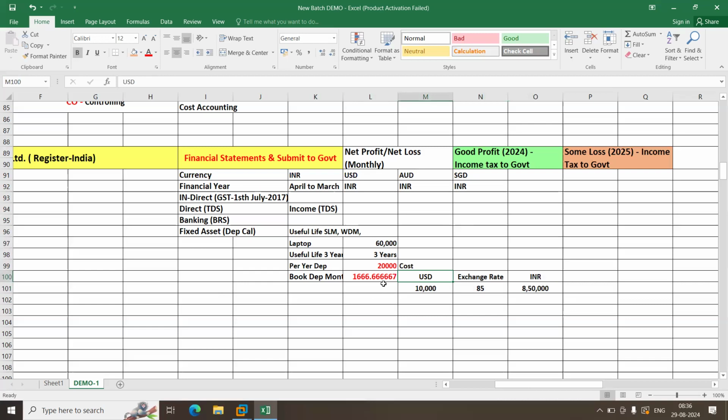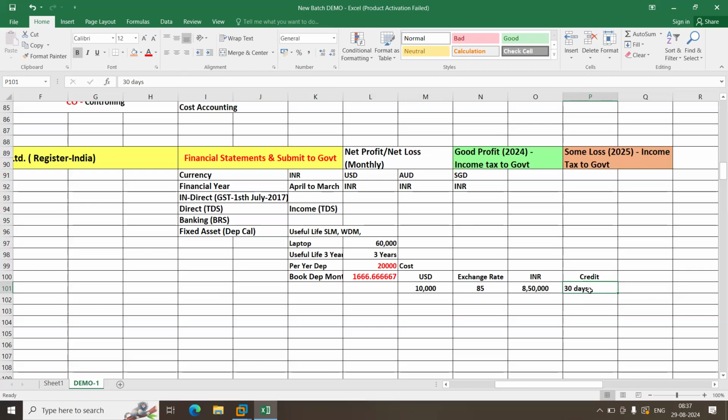Then suppose you purchase from some foreign vendor. Most companies do business on credit. Suppose I have an agreement with the vendor of 30 days.